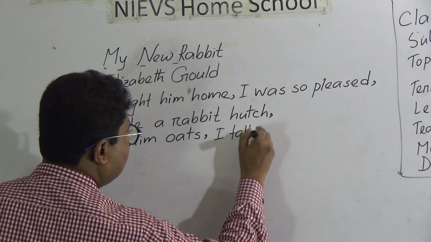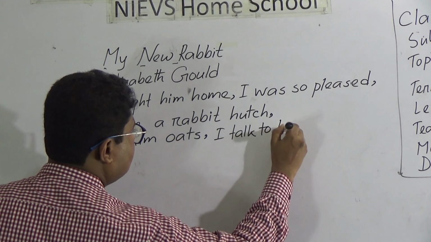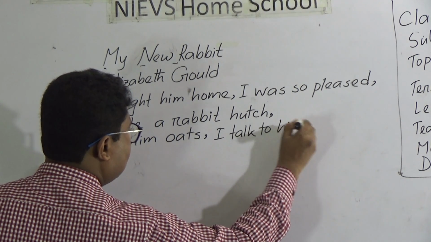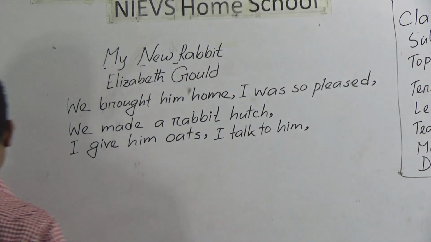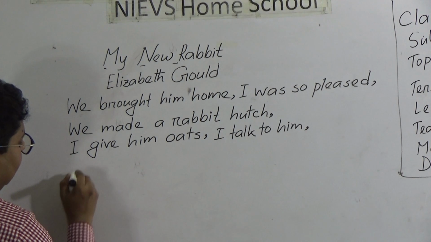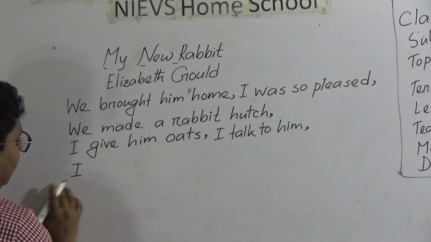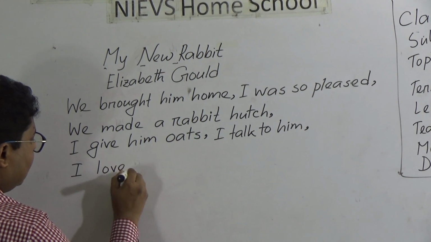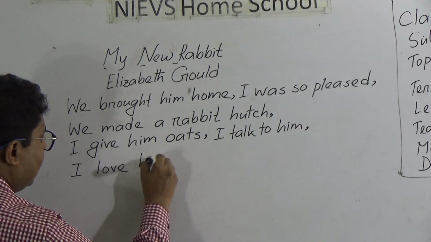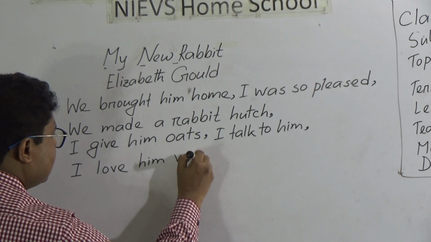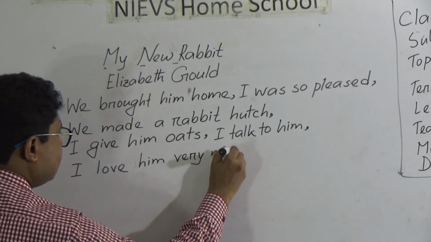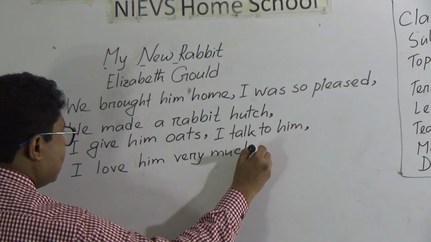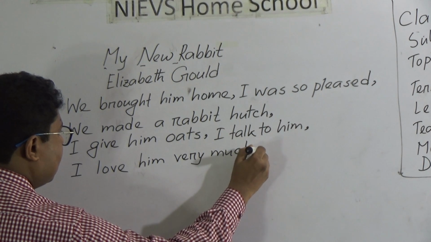Again, comma, I love him very much. Again, single I always will be capital, and the first letter of a sentence will be capital. I love him very much. This is the first pair, 4 lines.